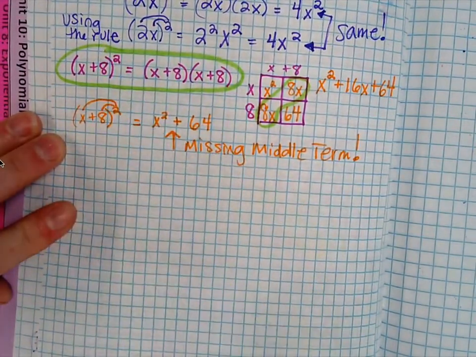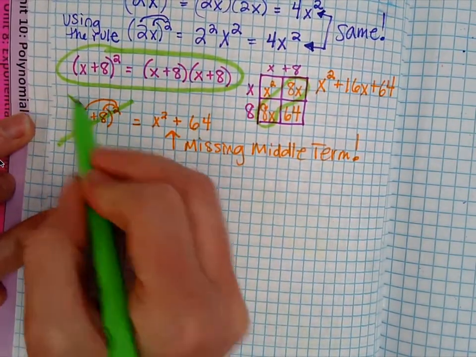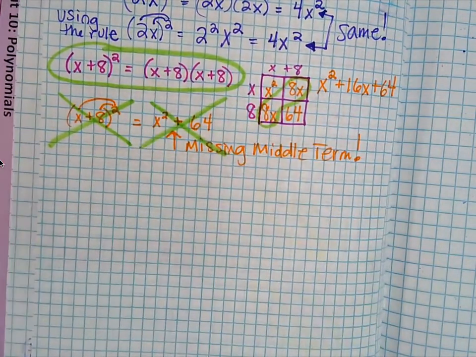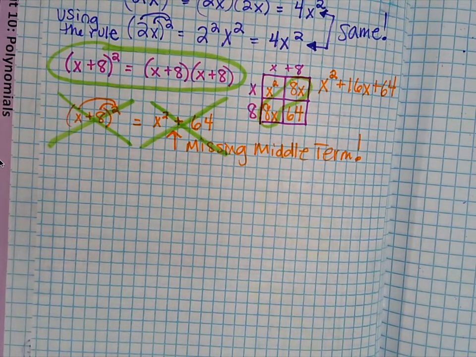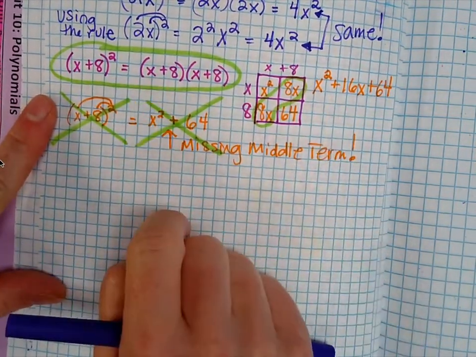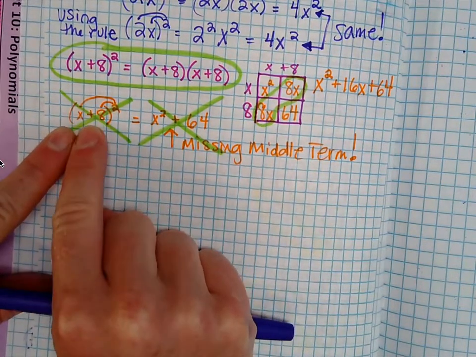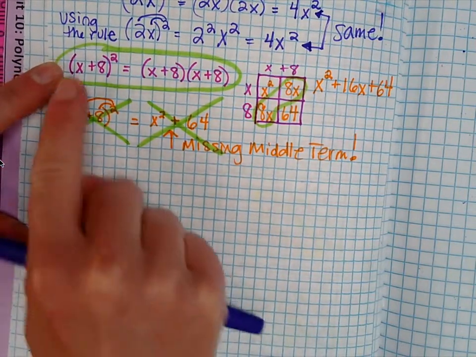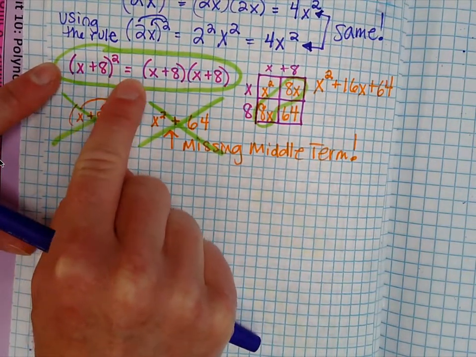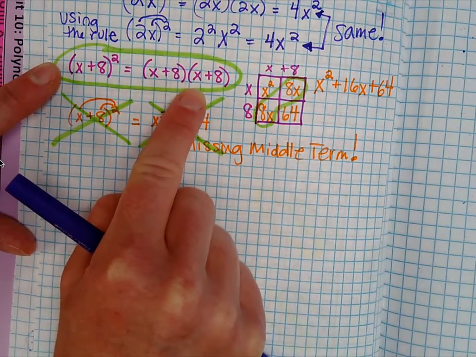This is the way to do it. This is not. So you have to expand it out in order to multiply or square binomials. And the reason is because squaring something means it times itself. When we did it, we had a middle term. When we sent the squared in, the middle term was gone. So that is wrong. So the way we want to do it is x plus 8 squared equals x plus 8 times x plus 8.